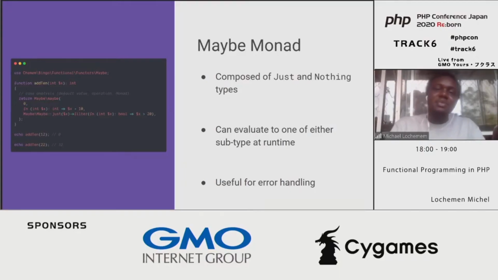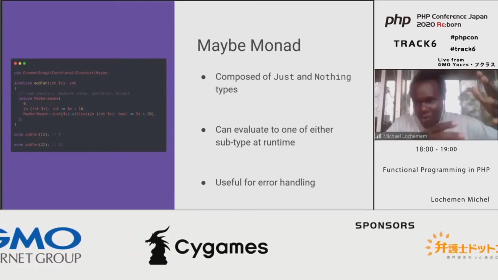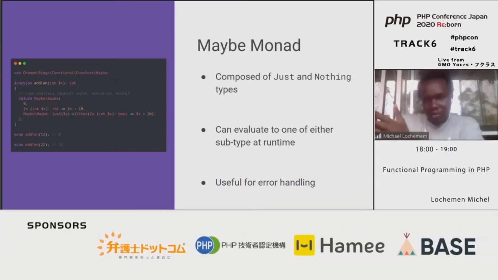So it's a bit like union types. If you've looked at PHP internals, the C stuff, you have unions evaluating to only one at runtime. So there's a lot of evaluation that happens in the background that can allow you to effectively jettison exceptions from your code altogether.